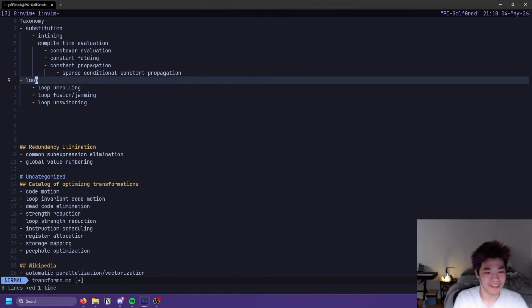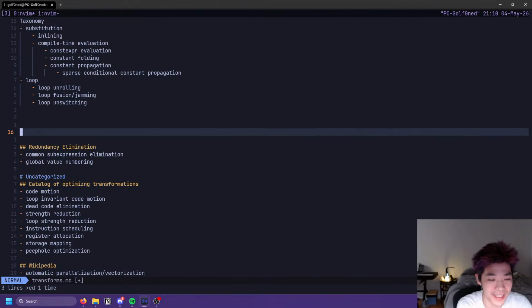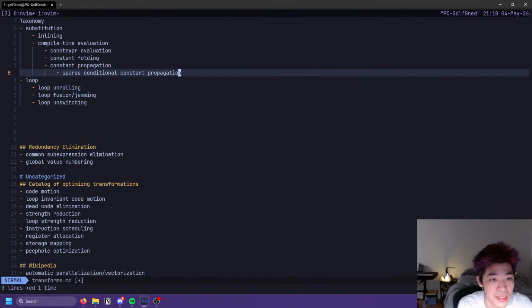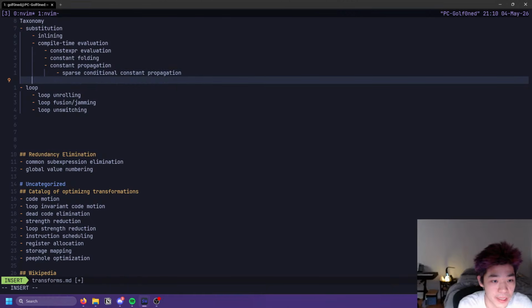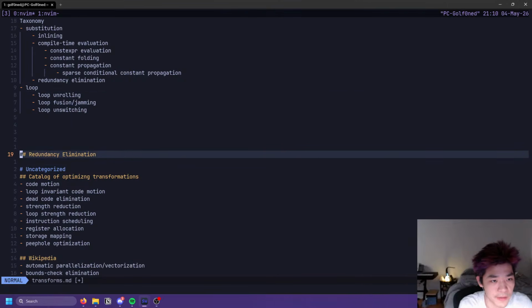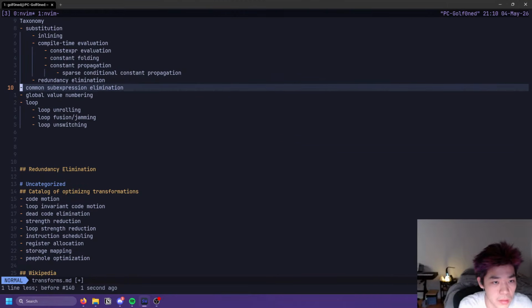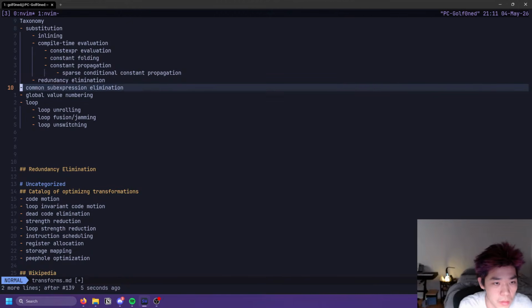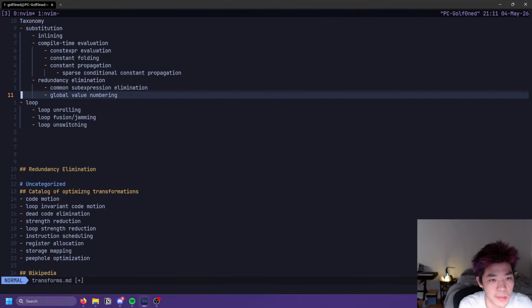Yeah, this is definitely not perfect, but it is an attempt at least. We have that. We have redundancy elimination. And then these fit under here. Yeah, it's like that.